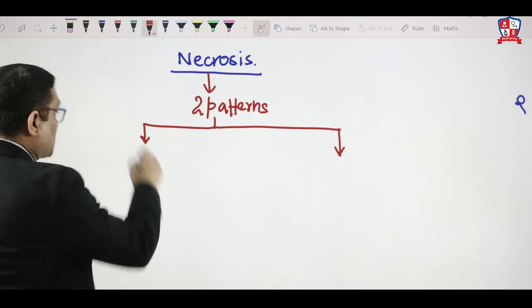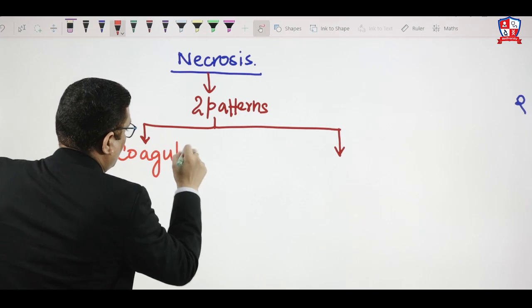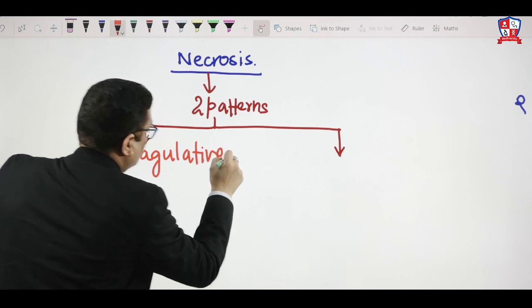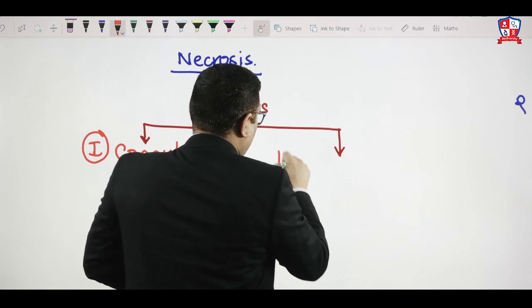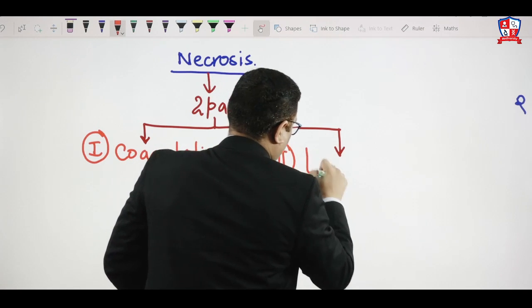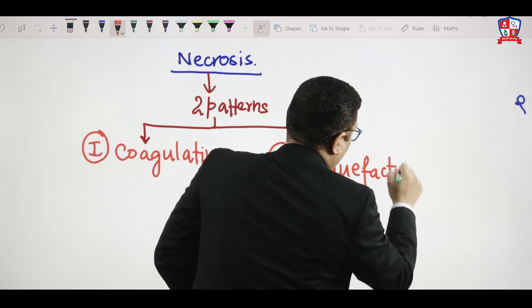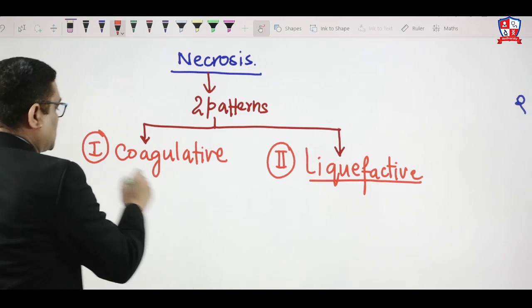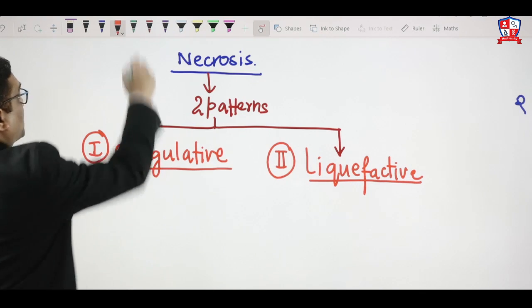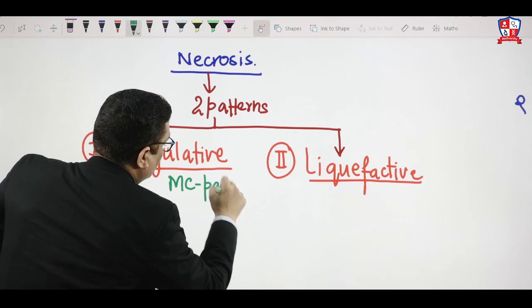Number one is coagulative necrosis, and number two is liquefactive necrosis. Coagulative necrosis is the most common pattern of necrosis.